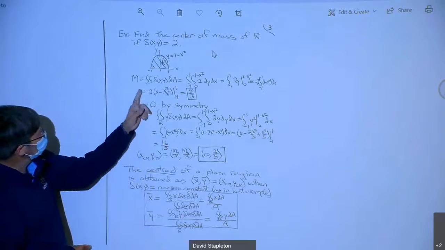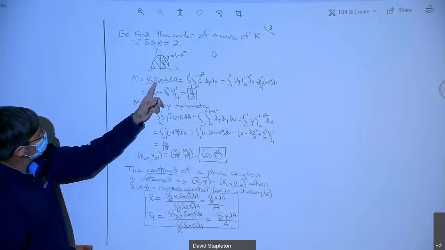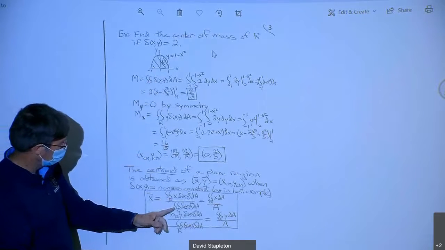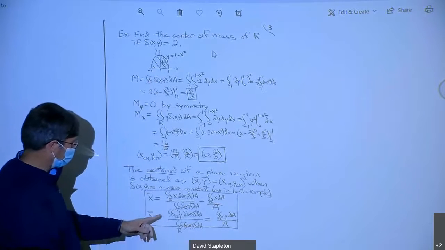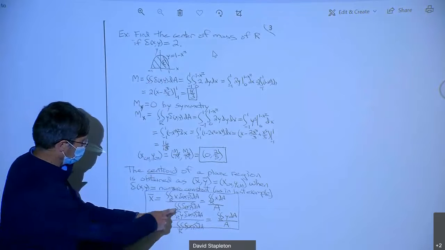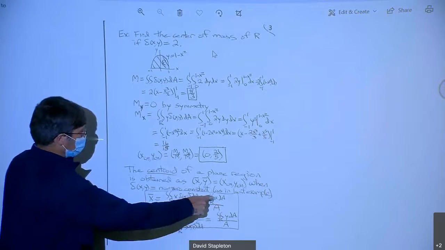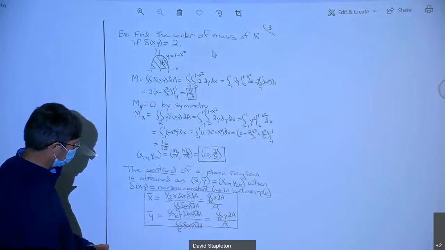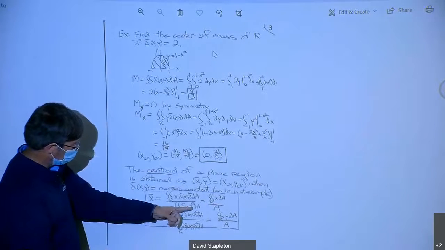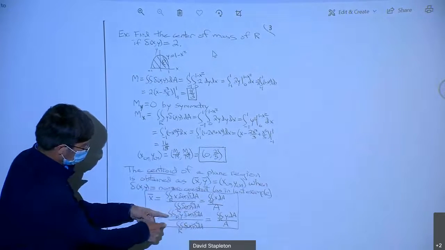The mass, once you cancel the deltas out, is just the double integral of dA, which is the area of the plate. And then on the top, you just get the double integral of x over the plate. And similarly for y bar, when the densities cancel because they're constant, you take them out and cancel them.